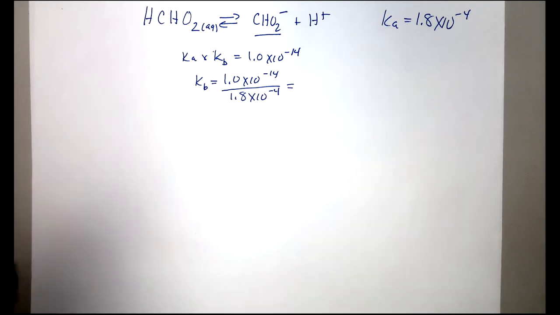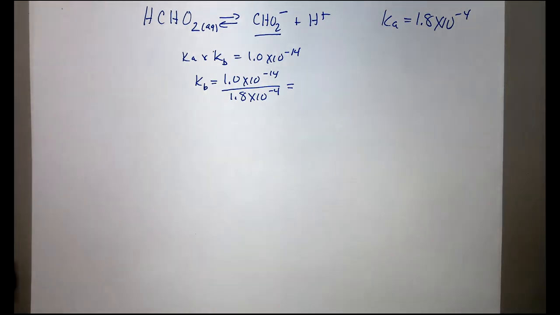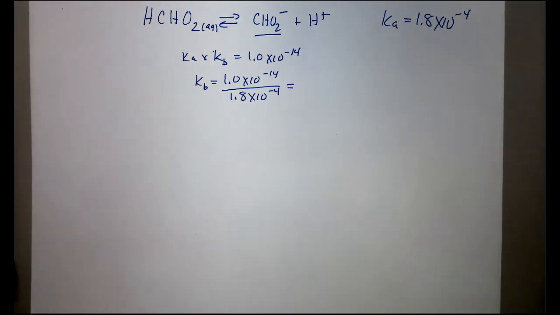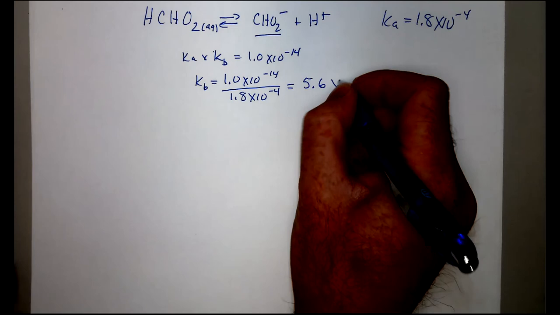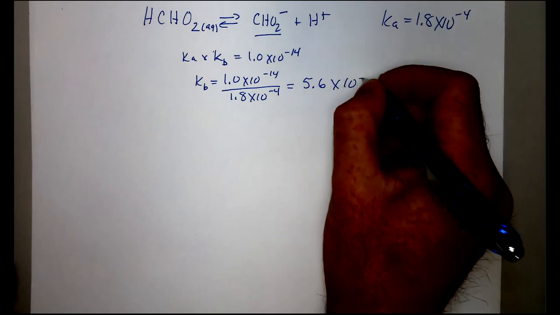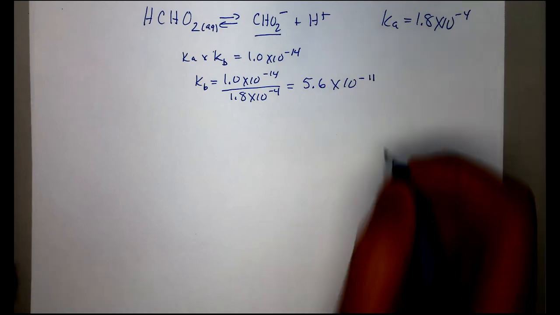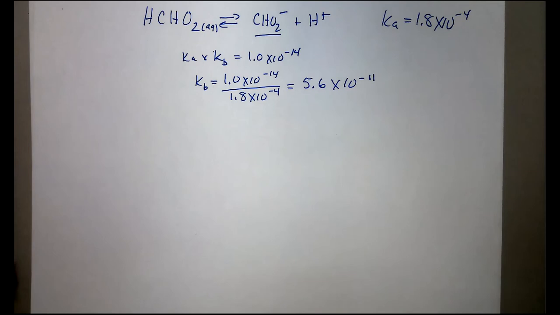We should be able to get the Kb by running that through our calculator. And so we're going to get 5.6 times 10 to the negative 11th. And so that'd be the Kb for the formate ion.